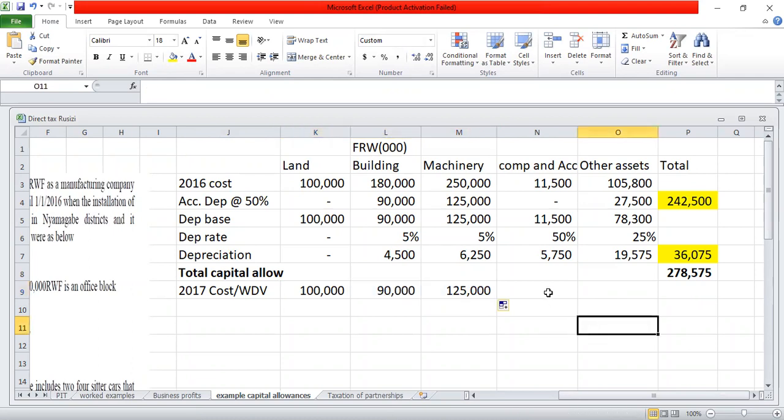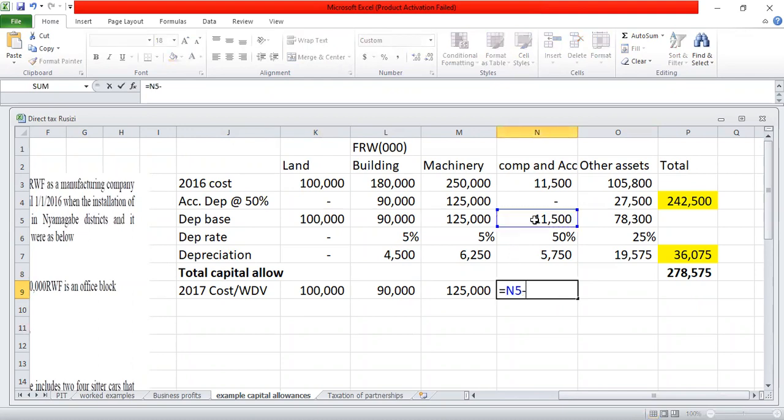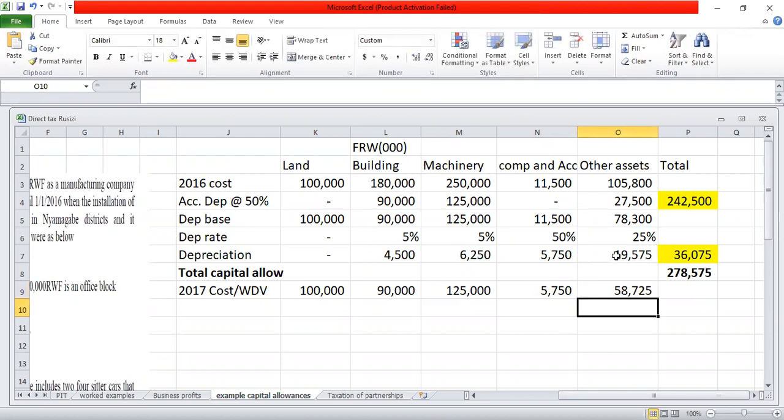For the asset which depreciate on reducing balance, then I recognize the written down value, which is the cost minus the depreciation. Then I can check the new asset purchased.